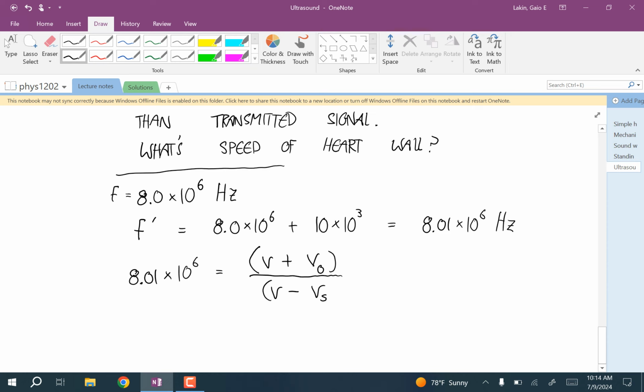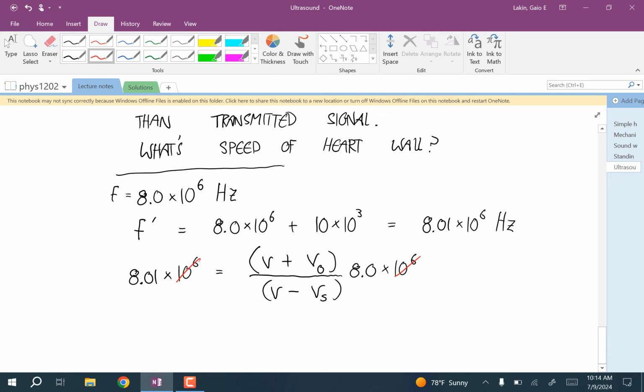So if the source was moving away from the observer, this V sub s would be negative. And then we're multiplying that by the transmitted signal, so 8.0 times 10 to the 6.